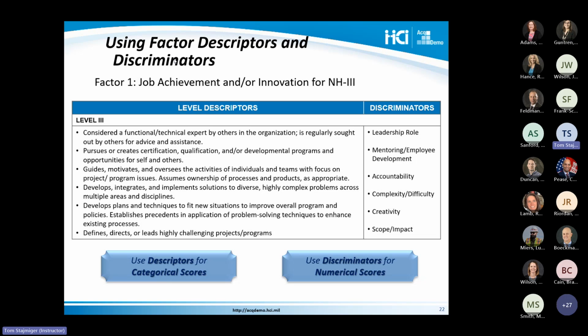From GS-13 step 1 to step 6, their categorical expectation is medium. They're supposed to meet some of the descriptors, most of them, but not all. The ones from GS-13 step 7 to step 10 are supposed to meet all of them. So my GS-13s are broken into 2 groups in AcqDemo, 3 mediums and 3 highs. They're not all the same.